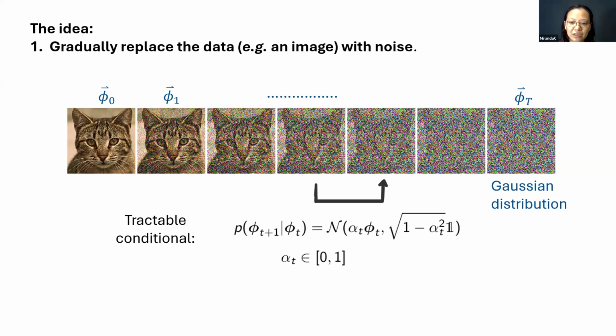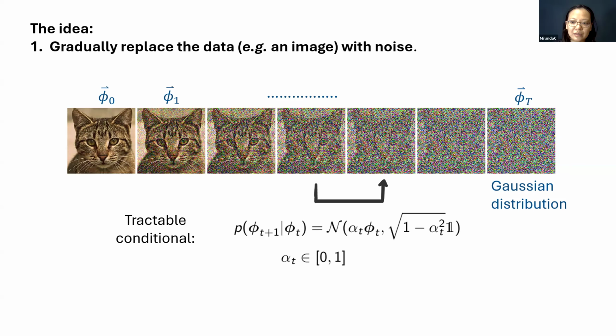In particular, with diffusion, we have a tractable conditional: conditioned on the previous less noised picture, the next picture will be more noised. And typically this is given by a Gaussian.